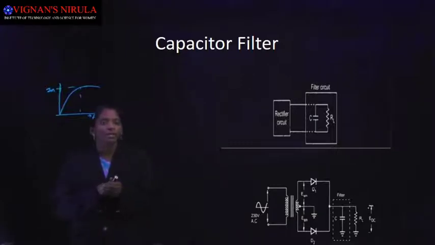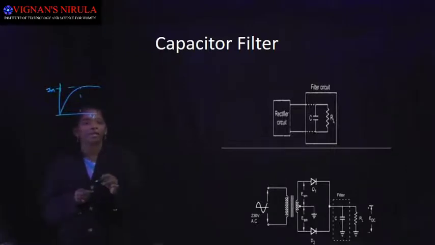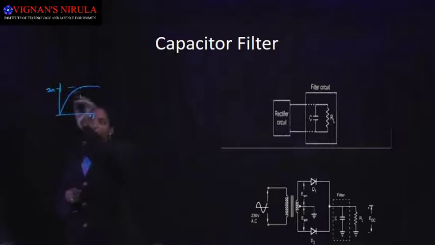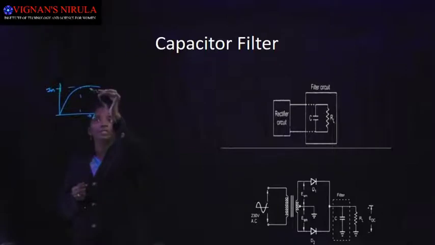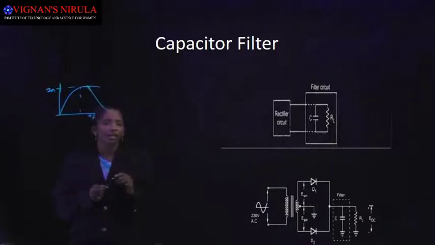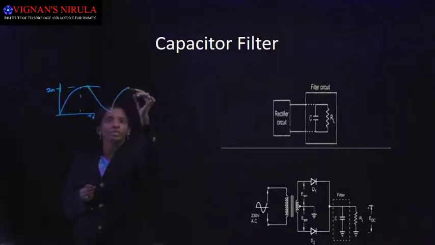During the positive half cycle, the capacitor stores energy until the peak value. During the negative half cycle, the capacitor discharges, and again during the positive half cycle it stores energy.